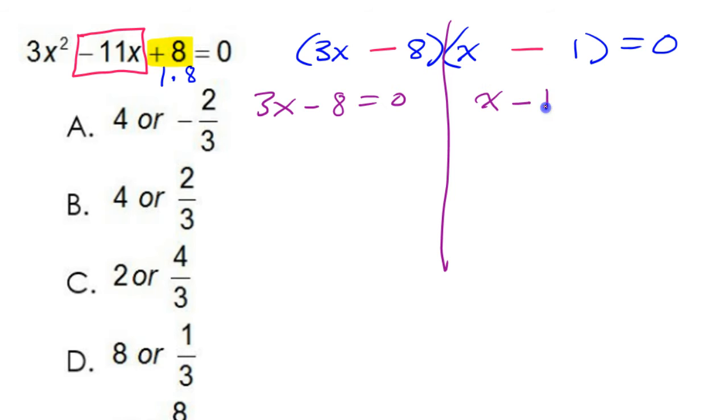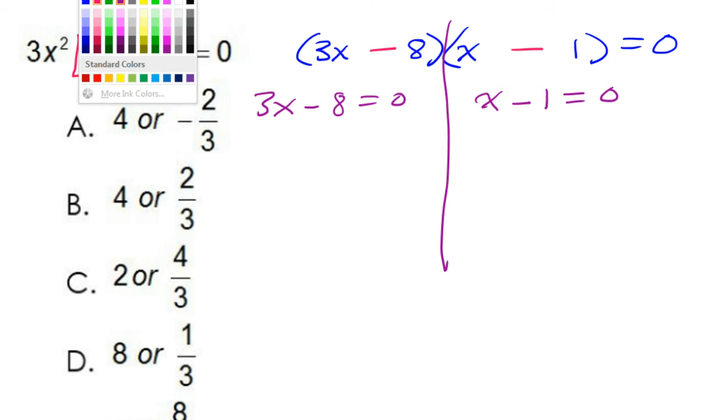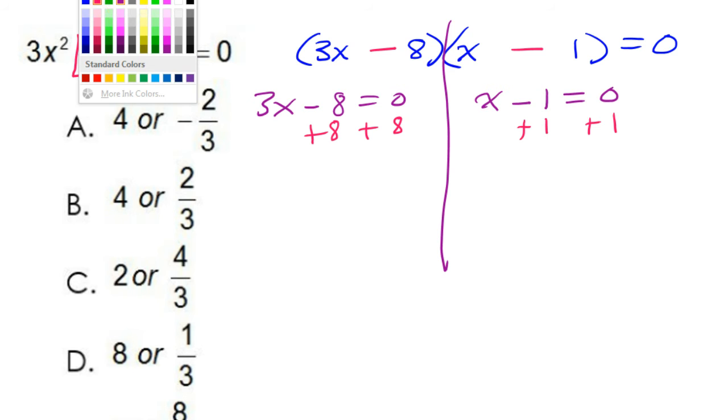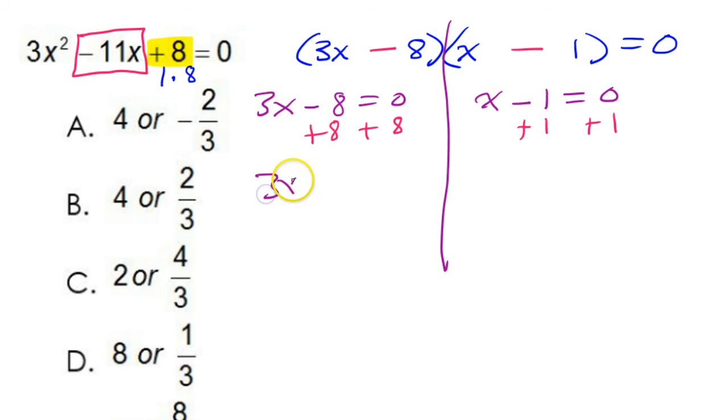And we can set x minus 1 equal to 0. That will give us another solution. So if I add 8 to both sides and add 1 to both sides, that will give me over here 3x is equal to 8, and over here that gives me x equals 1.